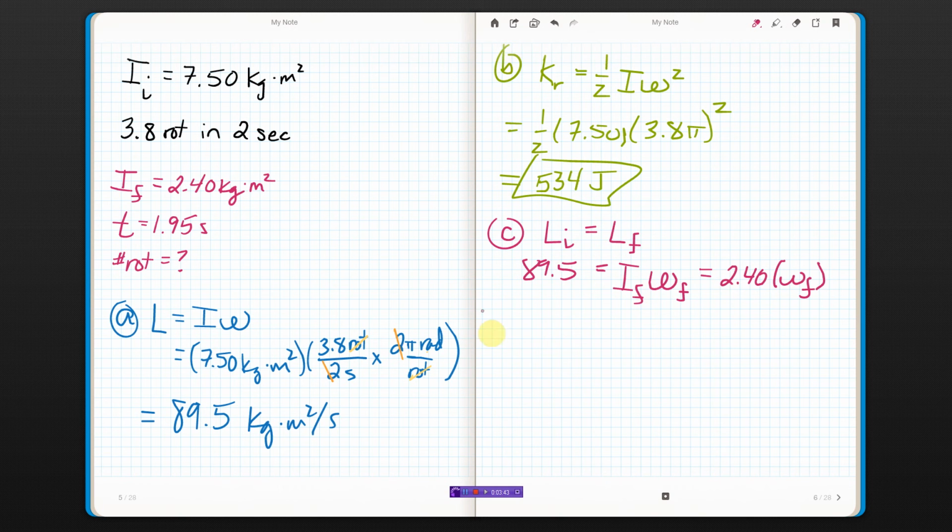So omega final is just going to be 89.5 over 2.4. That is 37.3 radians per second. But the thing is, that's not what I asked for. I want to know how many rotations this ice skater does in 1.95 seconds.